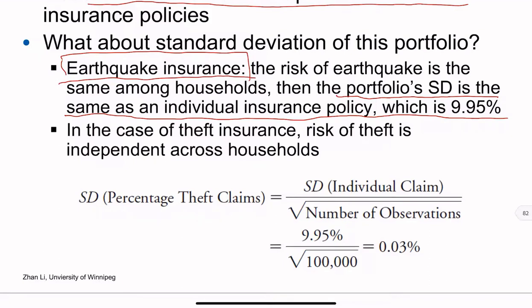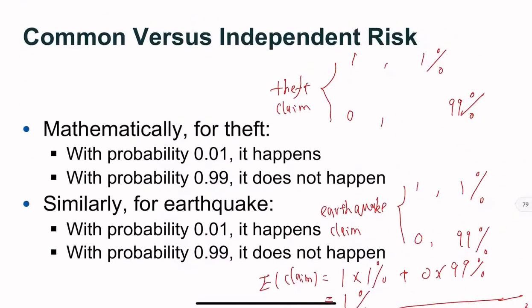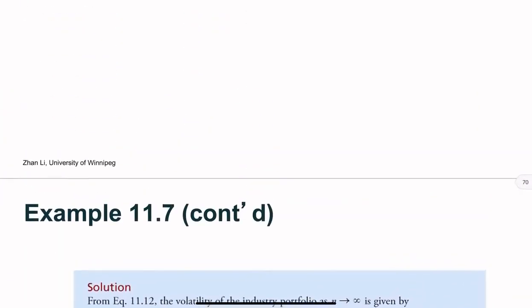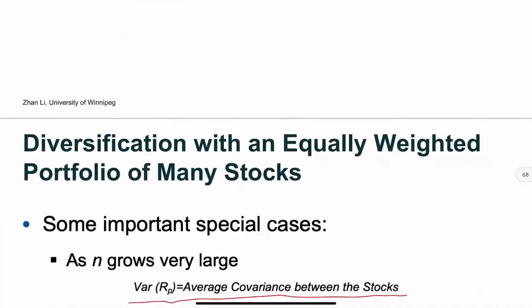Now let's think about the case of theft insurance. If you compare theft to earthquake, as we have discussed, you would know that the risk of theft is independent across households, right? So let's again go back to what we have learned from the previous class.